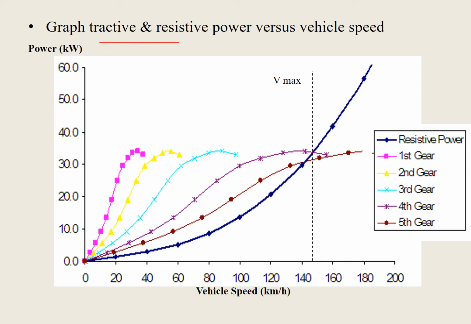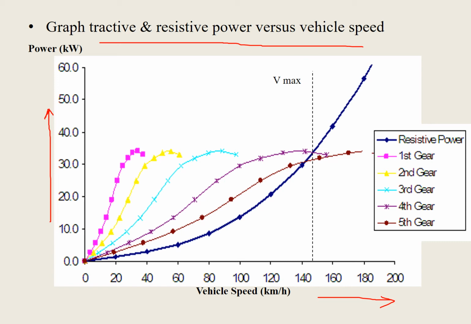Okay, in a graph of tractive and resistance power versus vehicle speed, you can see here the y-axis is the power in kilowatts, and the x-axis is the vehicle speed in kilometers per hour.